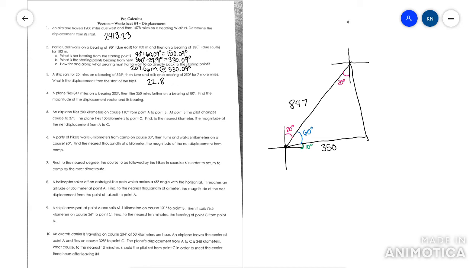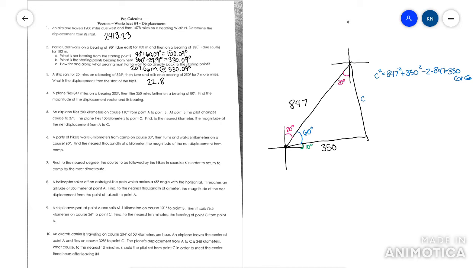Now to go get this amount, you're just going to run a law of cosine. So it's going to look like this. We'll call this C. Running out of room, cosine of 60. Okay, that'll work, whatever.